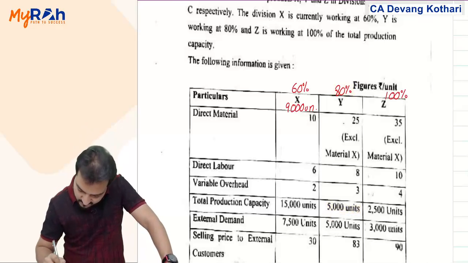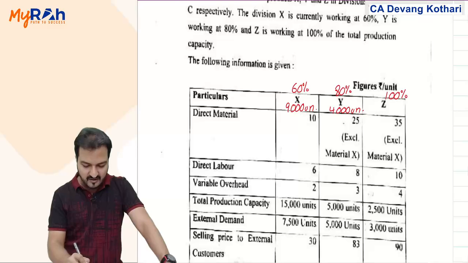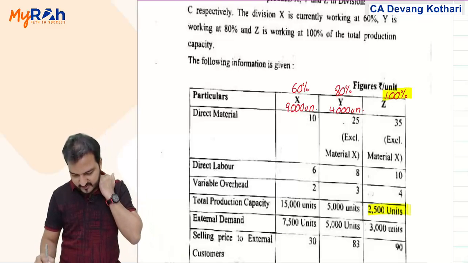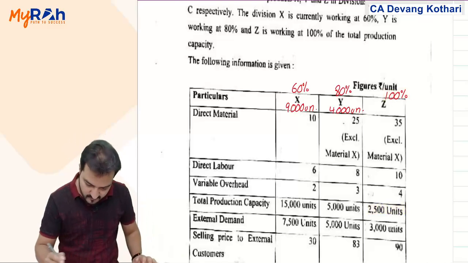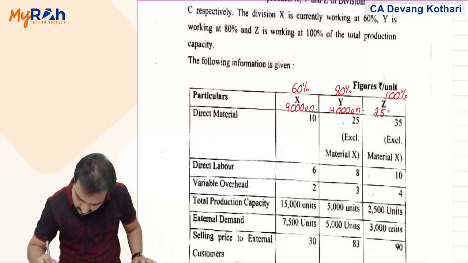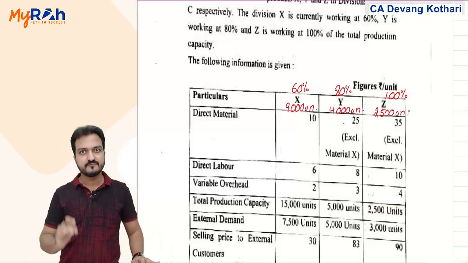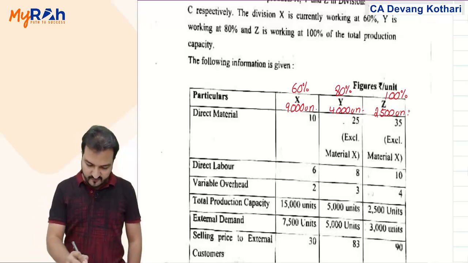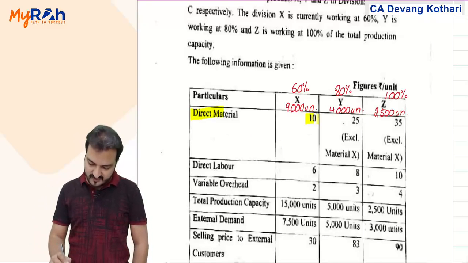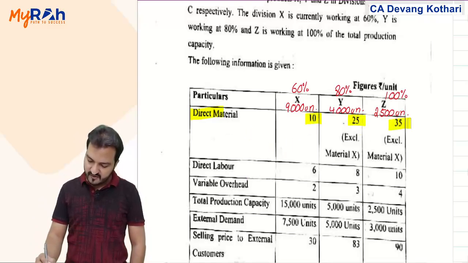The current production of Y is 4,000 units, and current production of Z is 100% of 2,500, that is 2,500 units.